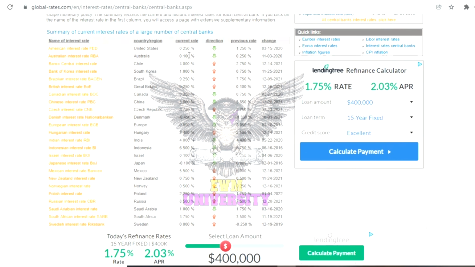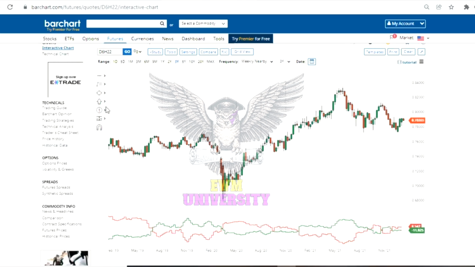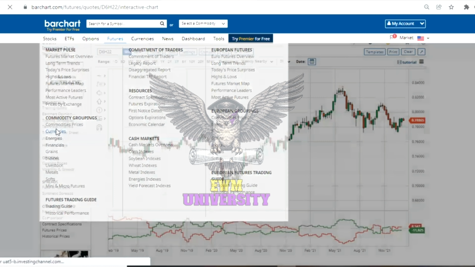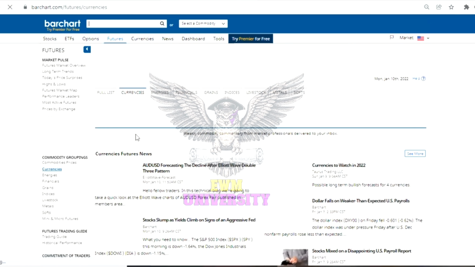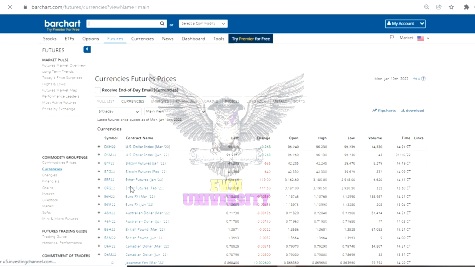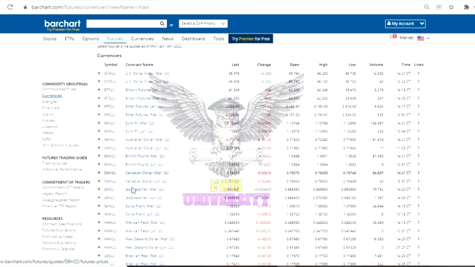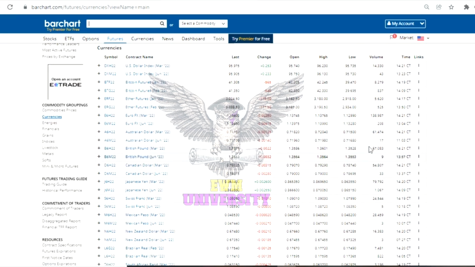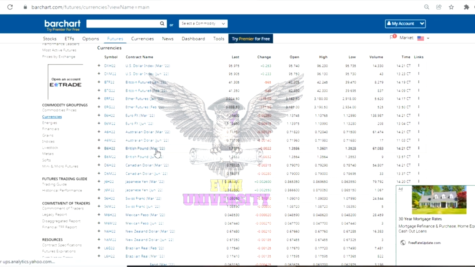So let's look at a commitment of traders report first before we refer to TradingView. Back to currencies. Now let's find the British pound. Here we have March and June. March 2022 has the most volume, so we're going to select that.